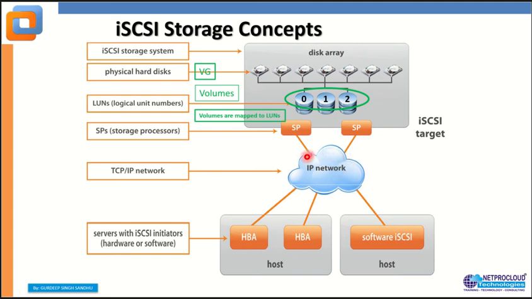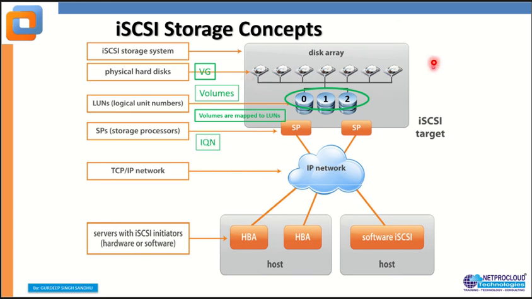And using the standard IP network, our hosts access this kind of storage. On our ESXi host, there should be adapters like HBA adapters, and these HBA adapters can be either hardware adapters or software iSCSI adapters. Hardware adapters can be from a third party vendor.